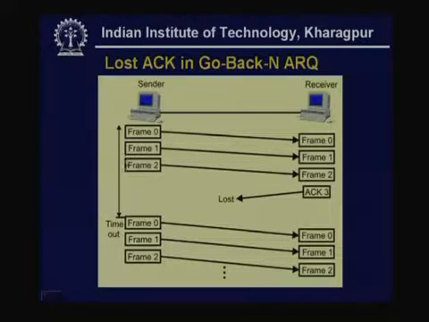It has already started a timer, and it reached the timeout at this point. Since no acknowledgement is received within this period, it starts retransmission starting with frame 0. So, frame 0, frame 1 and frame 2 are all sent one after the other to the receiving side. So, this is how in go back N ARQ protocol a lost acknowledgement is taken care of.